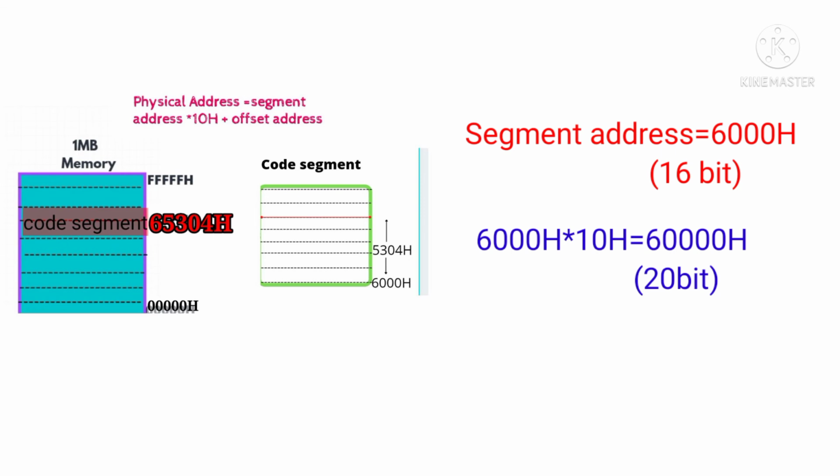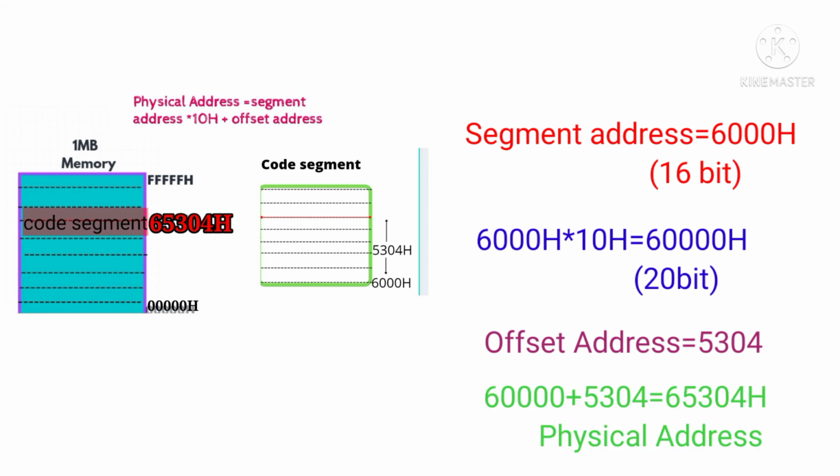Then we have to add it with our offset address. Our offset address is 5304. So 60,000 plus 5304H will result in 65,304H. That is same as our physical address.